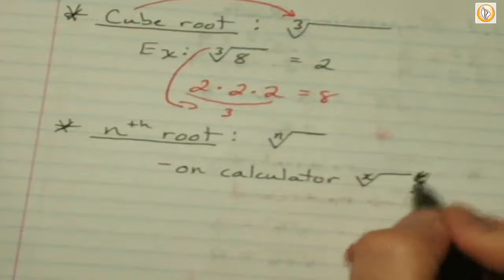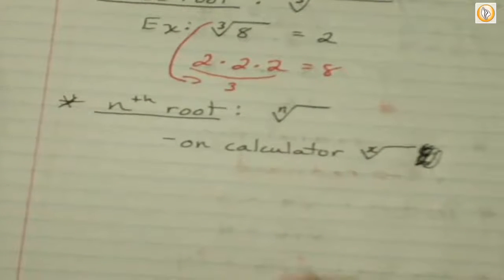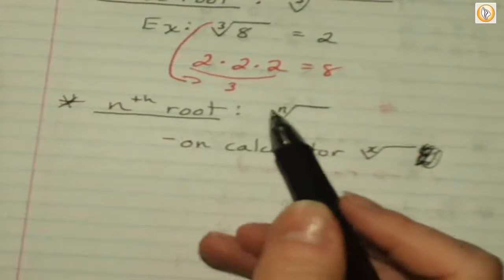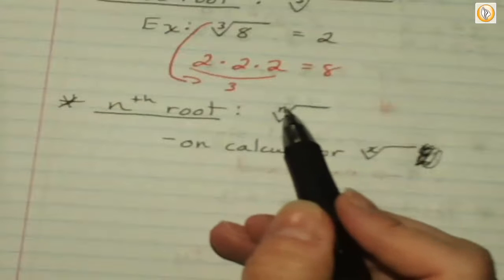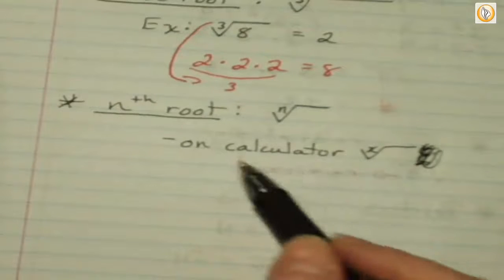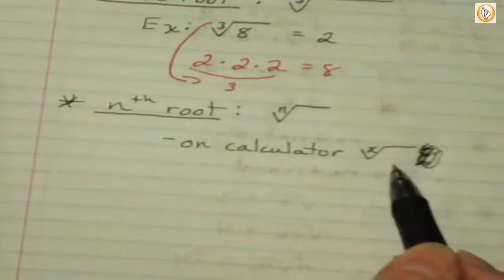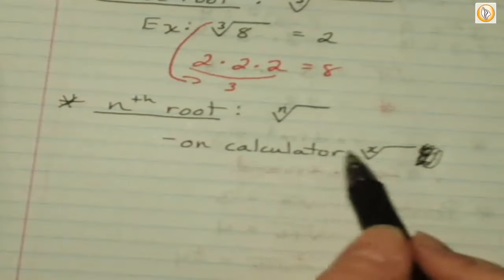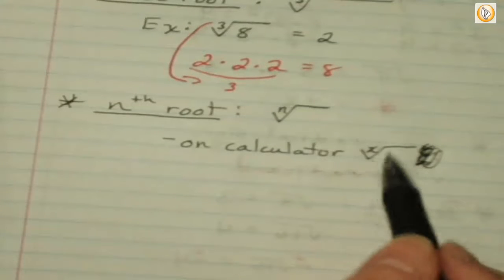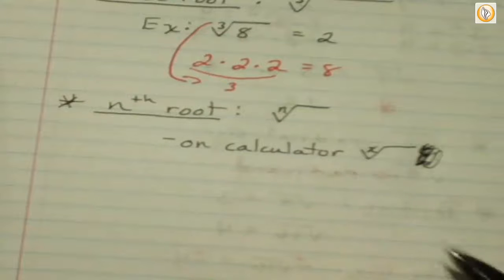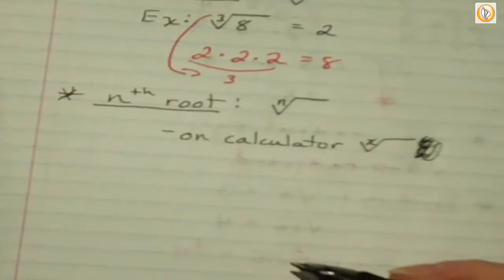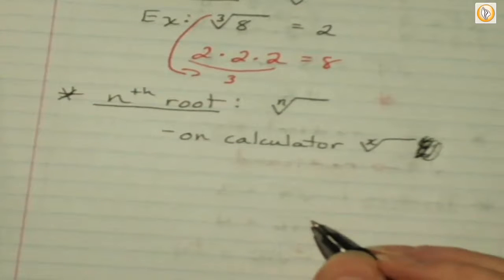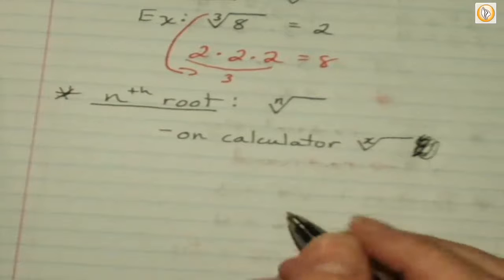Forget that blob. So the nth root is any number, and I will allow y'all to use your calculators if you have them. You would use this symbol right here to find the answer. If you don't have it, it's okay. You can use the blue calculators to play around with it.